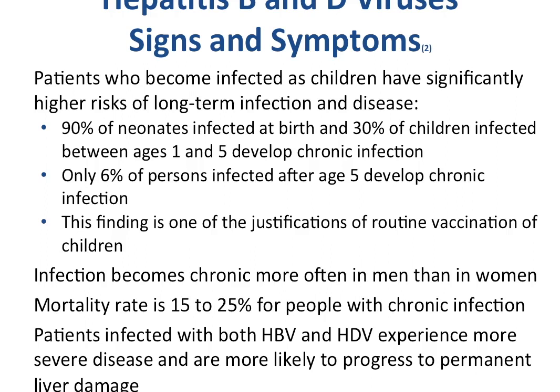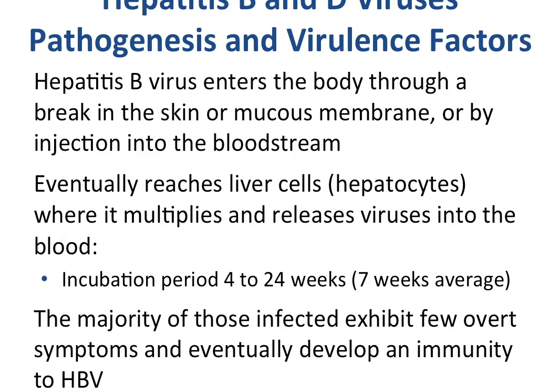Men have a higher chance of getting the chronic infection than women. Mortality is relatively high, 15 to 25% for the chronic patients. Hepatitis B transmission is through broken skin or injection into the bloodstream.